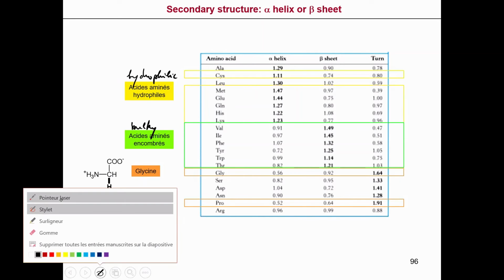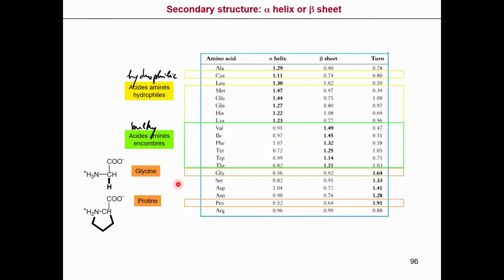And you also have two particular amino acids: glycine, because it's very small, and proline, because you have a secondary amine function. So usually when you have glycine and proline, you have a beta turn. Okay.